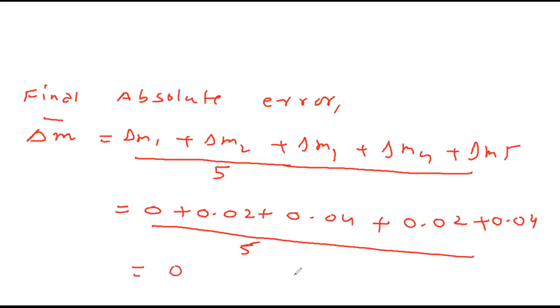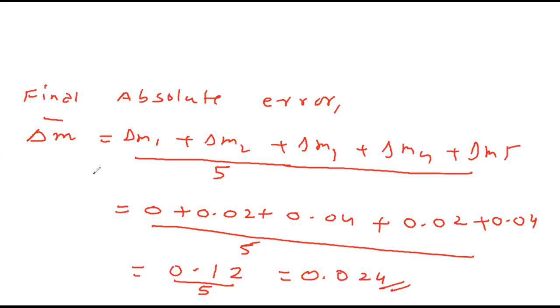So this will be 0.12 upon 5, that becomes 0.024. Let them also complete. 0.024.